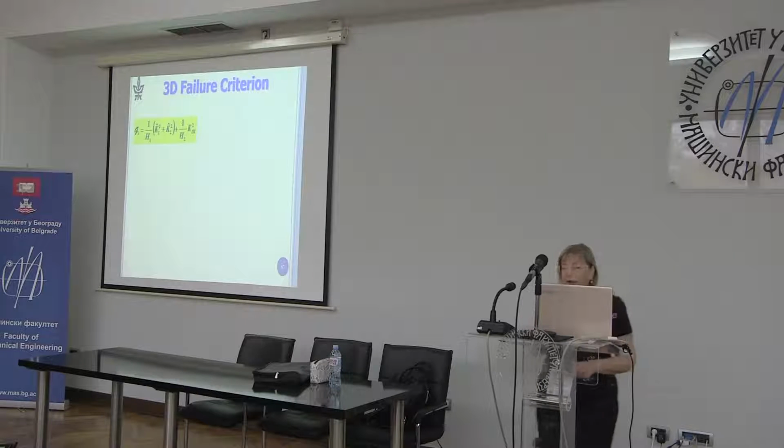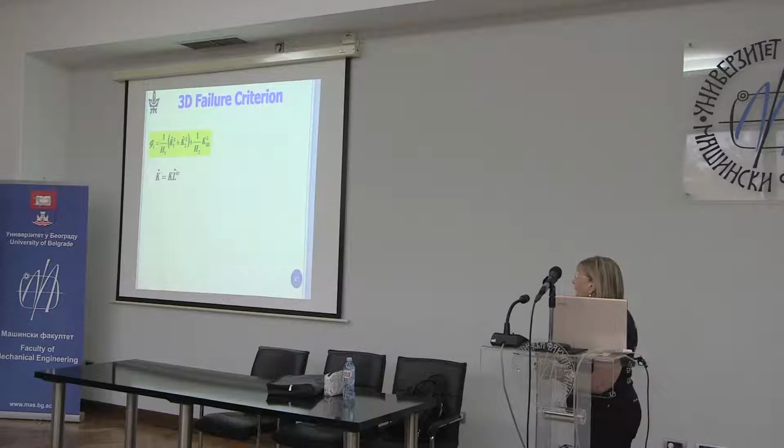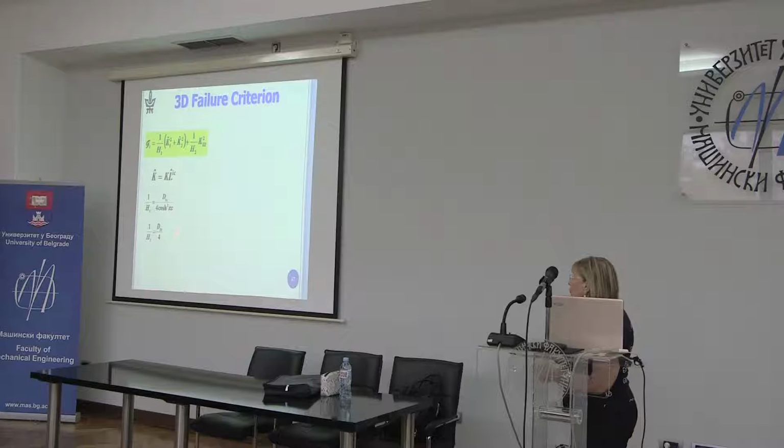And so now we have the 3D failure criterion, so we're going to write GI in terms of K1, K2, and K3. I remind you that K hat is K L hat to the I epsilon. H1 and H2 are related to mechanical properties, and you can manipulate this to get this expression, so that GIC is a function of psi hat and of phi, which I show you here and here.